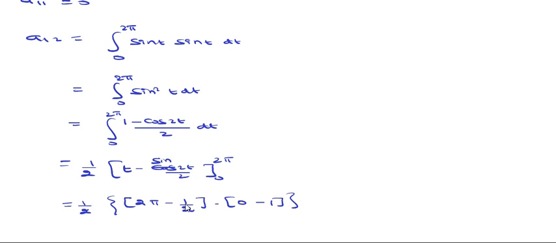Sin 4 pi is again 0, so this is 0 and this is also 0. So we get a12 as pi.